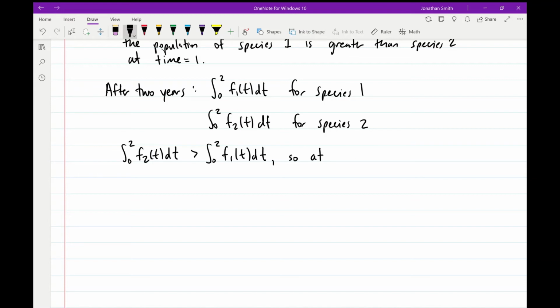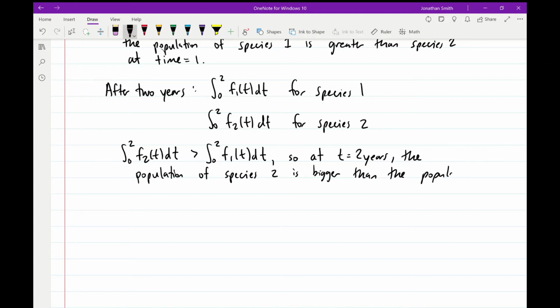So at time equals 2 years, the population of species 2 is bigger than the population of species 1.